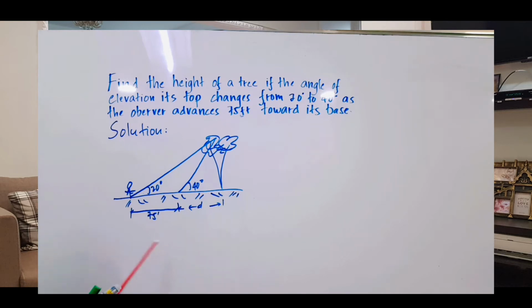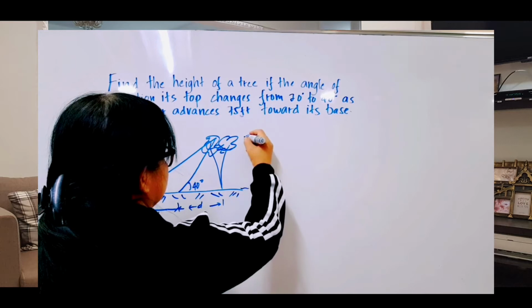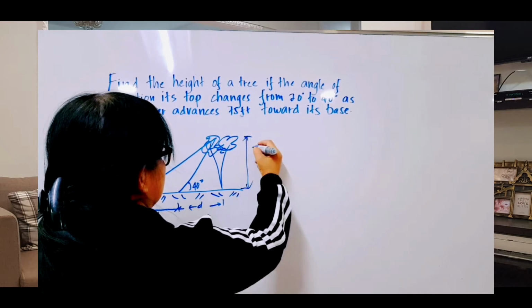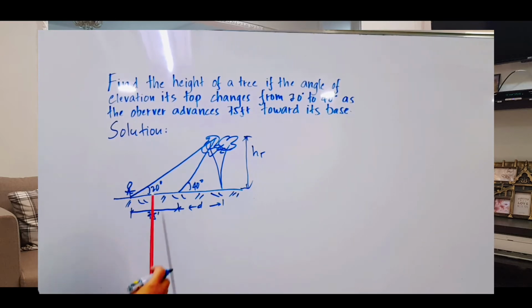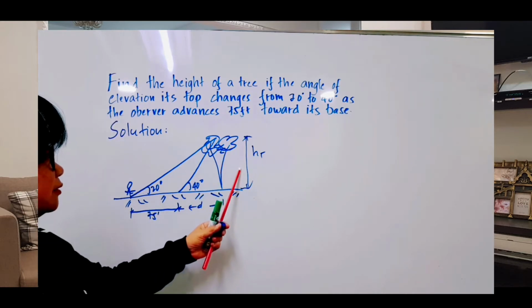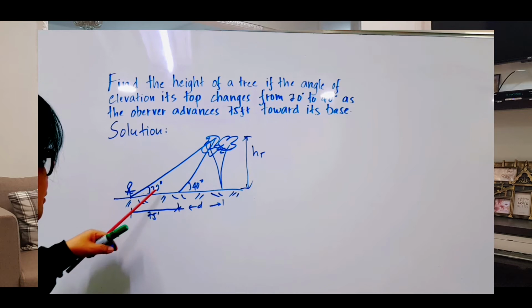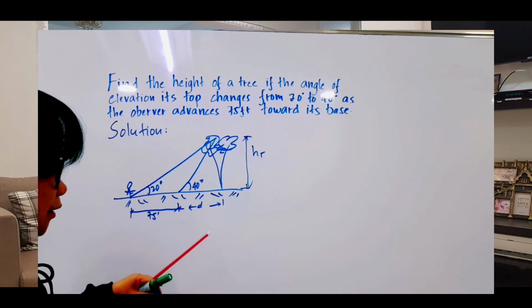Now, what is required here is the height of the tree. We designate it as HT. From here, we can solve it using the tangent function, because here we have the height of the tree, we have the angle, and we have this given distance.